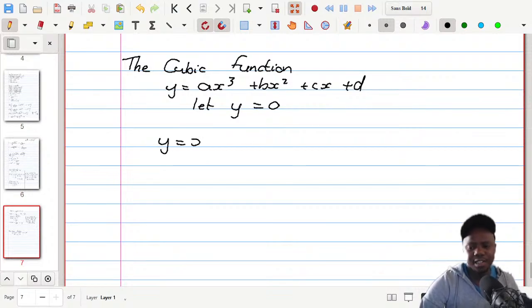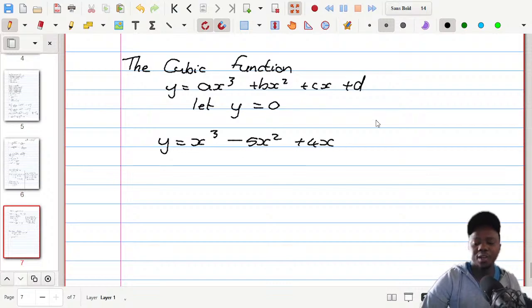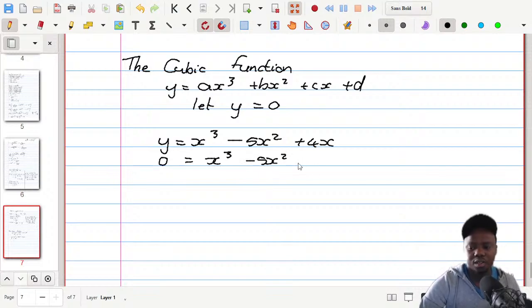If we've got, let's say, y is equal to x cubed minus 5x squared plus 4x, and you want to find your x-intercepts, of course, you need to let y be 0. Then you've got x cubed minus 5x squared plus 4x. In this particular example, long division is not necessary because all you can do is take out x as a common factor.